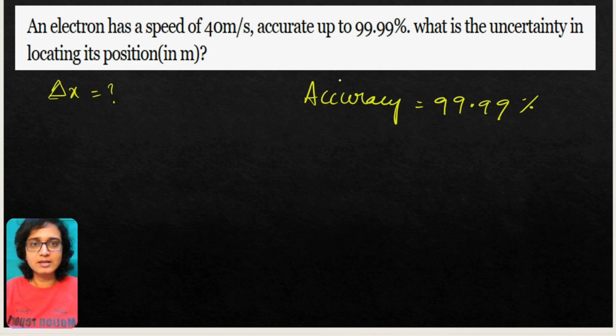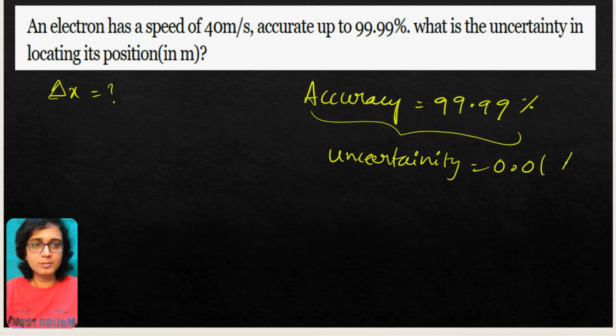They give the accuracy in velocity, but we don't want accuracy, we want only uncertainty. If accuracy is 99.99 percent, the uncertainty will be the remaining percentage, 0.01 percent of the exact value.